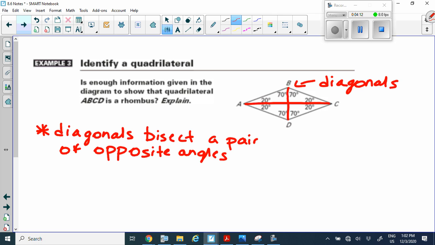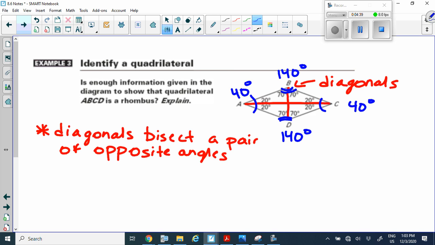Now, another thing that we can illustrate with our angles is notice that A and C are definitely going to be congruent, because angle A is going to be 40 degrees, and angle C is going to be 40 degrees. That's going to be the same thing for B. We can clearly see if we do 70 plus 70, that's going to be 140. And angle D is going to be the same thing. So they are both 140 degrees.